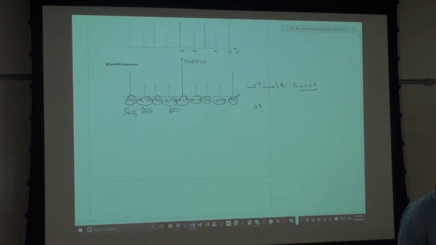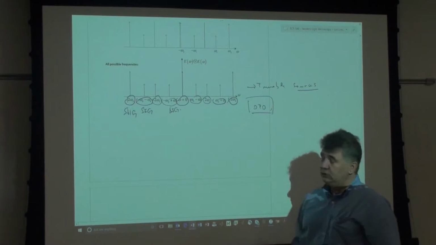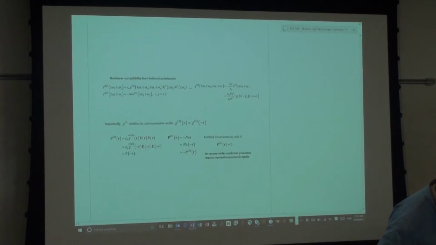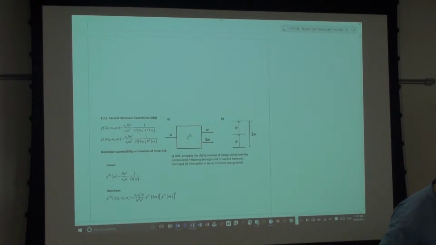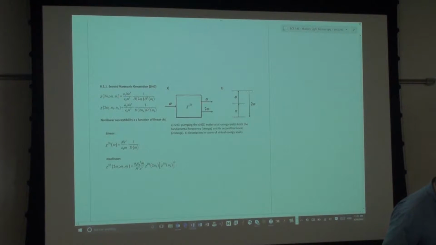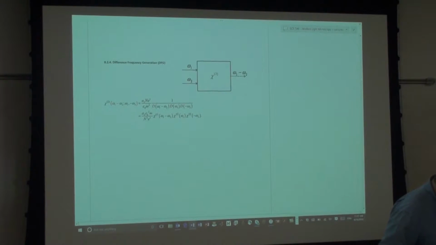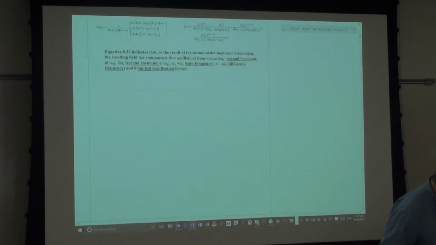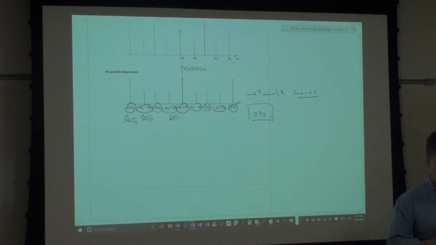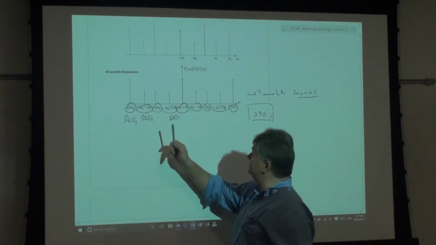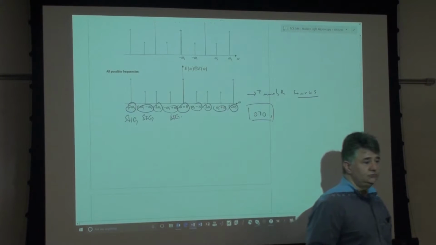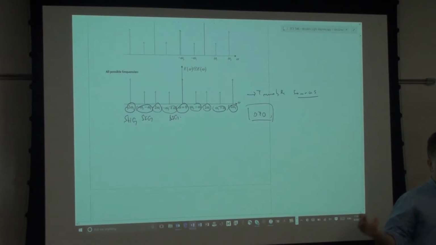Have you heard of optical parametric oscillators? No? They're based on the exact same nonlinearity. I'll talk about them a little bit later, so I take them one by one. But it's basically the opposite of difference frequency generation. So all these terms work in reverse as well.